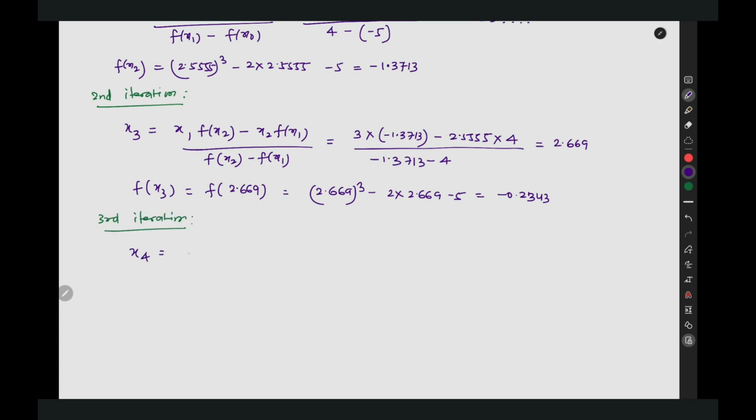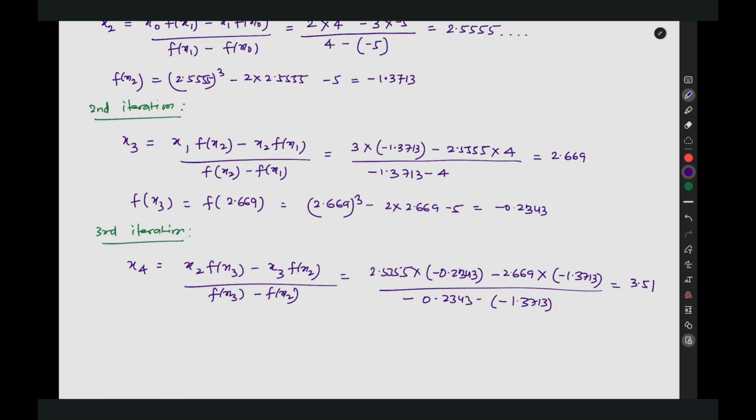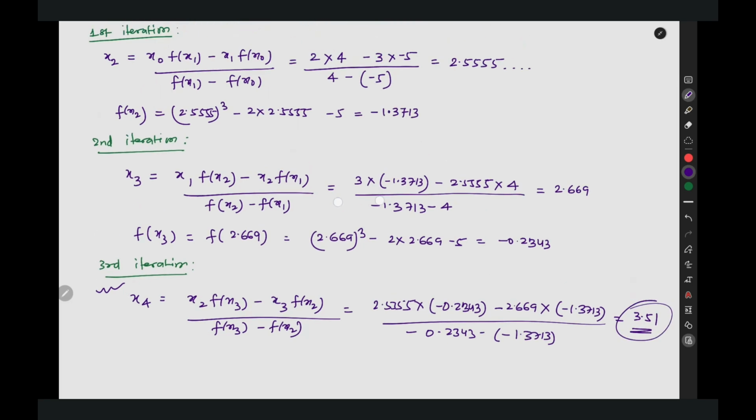We know the values of all this, so we will put x2 as 2.5555 into f x3, minus 0.2343, minus x3, which is 2.669, into f x2, minus 1.3713, divided by minus 0.2343 minus minus 1.3713, so it will come to 3.51. In the question we have to determine the value of x after the third iteration. So this is the third iteration, and the value after the third iteration is 3.51.